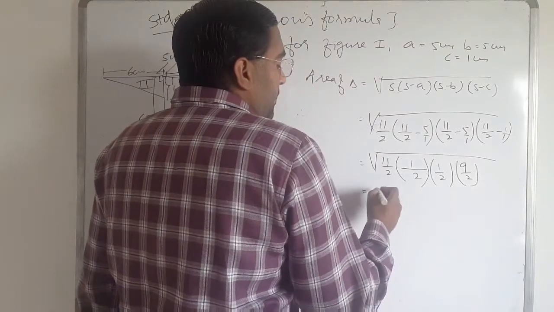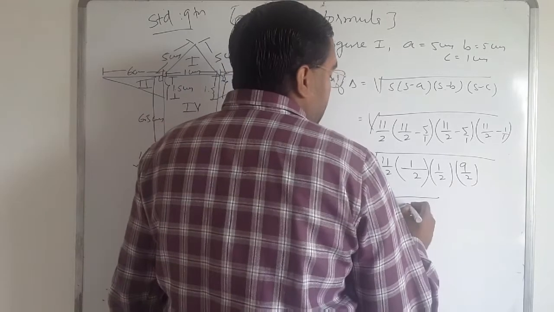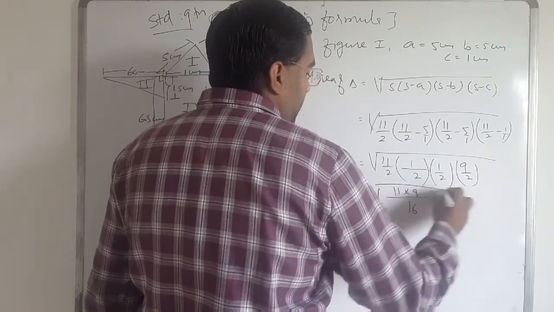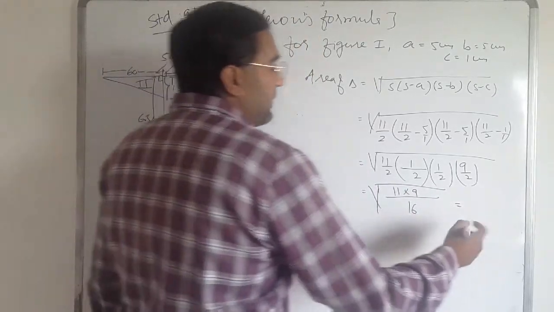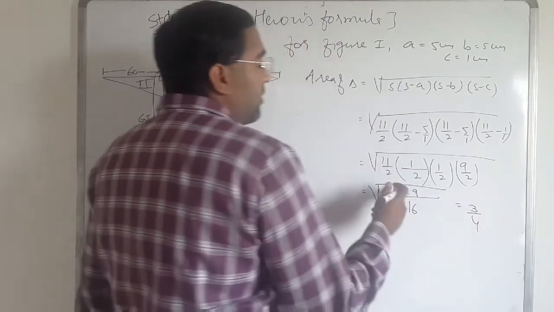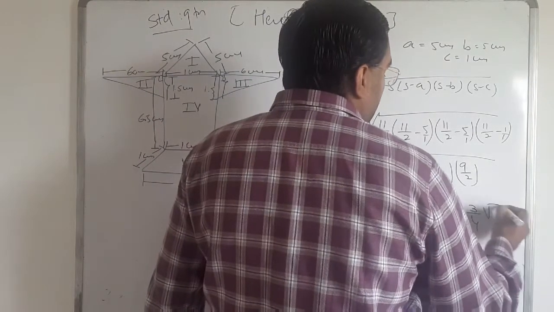Now 2 2s are 4, 2s are 8, 2s are 16. In denominator there is a 16, and in numerator that is 11 into 9. So we know that the square root of 16 is 4, and square root of 9 is 3. There is not any kind of square root of 11, so I'll take it as it is, root 11.